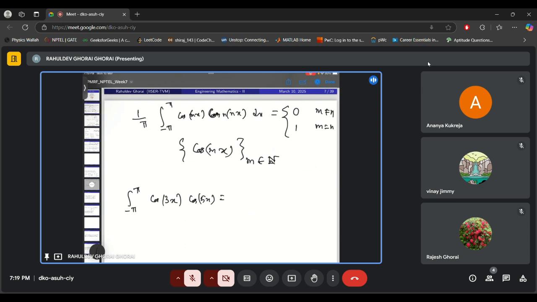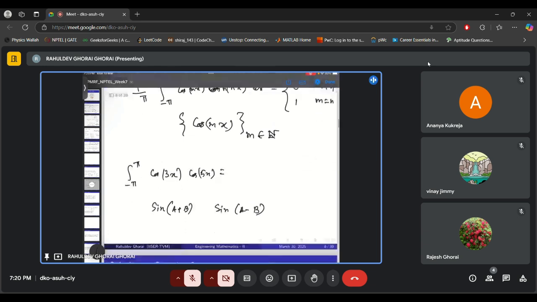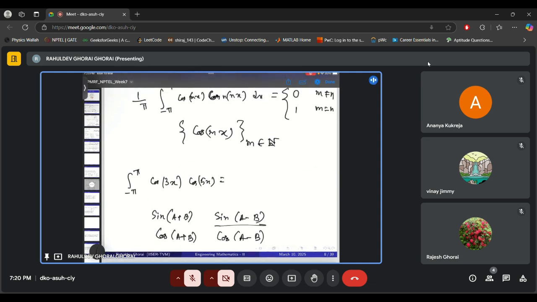Some formula is there, right? It will be something like sine a plus b, sine a minus b, or cos a plus b, cos a minus b. Using all those things, you can also evaluate this one. All those rules are there.